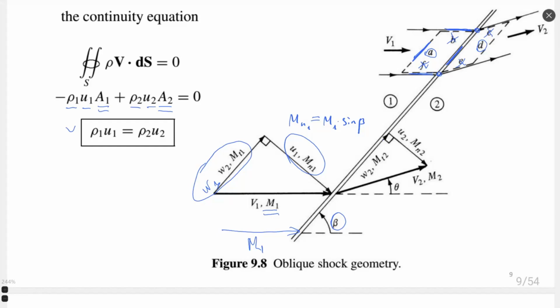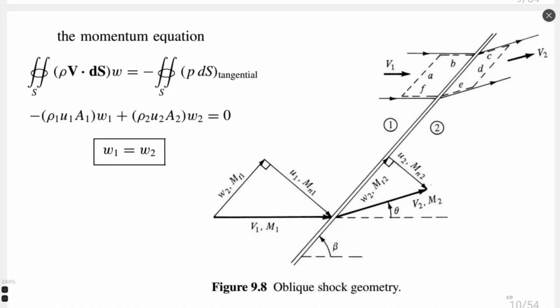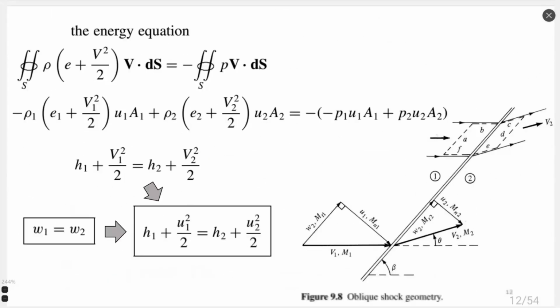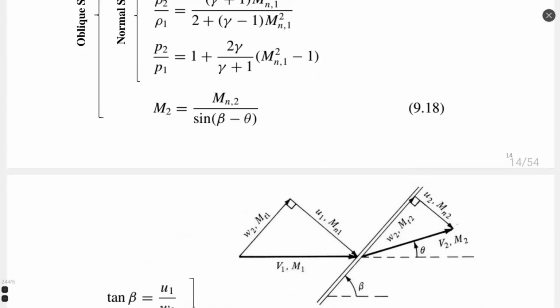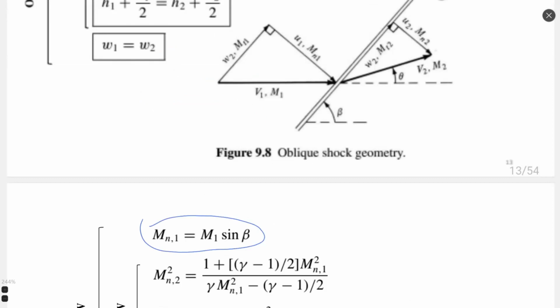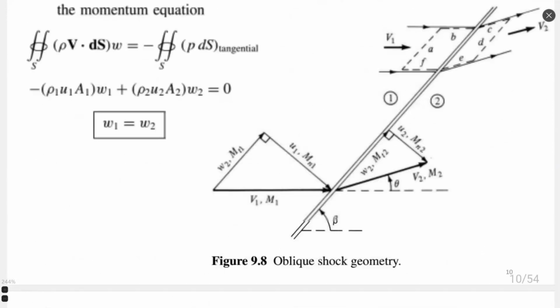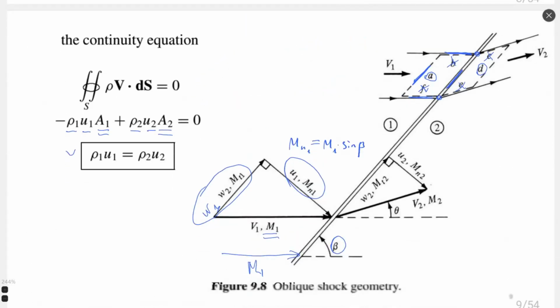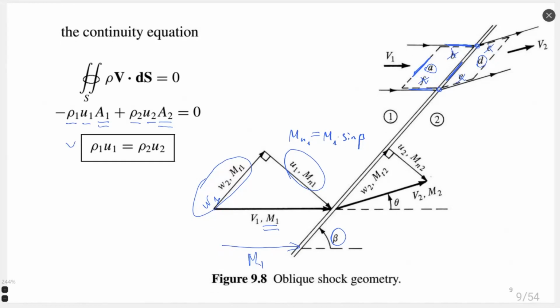Please let me know if I'm correct or if there is some mistake, because I do not see a book right now. I cannot check. But we have this in the next slides, something similar to this. Just let me see. Yeah, Mn1 is this equation. So it makes part of our model. So this is why we pay so much attention to the splitting of our initial Mach number.